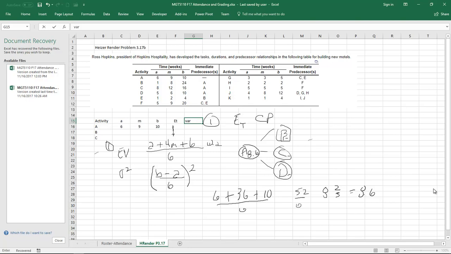Do all the expected values, do your network, and once you draw your network, you're going to go through here, and the first part is evaluate what the critical path is through all of this. Okay, so everything that we've done so far gives you 11 of these numbers. You just plug them into your network diagram here and do your critical path analysis and figure out what the critical path is through here.